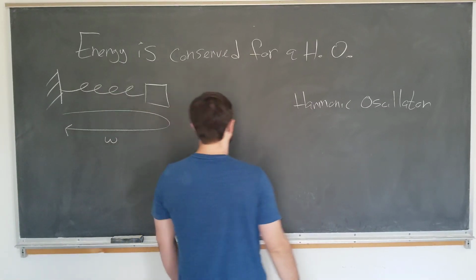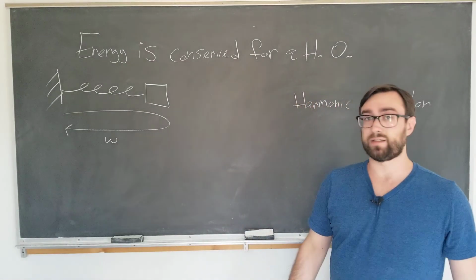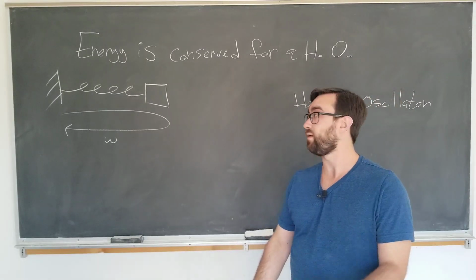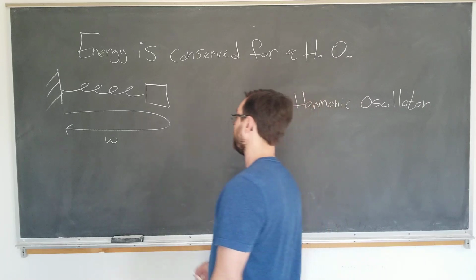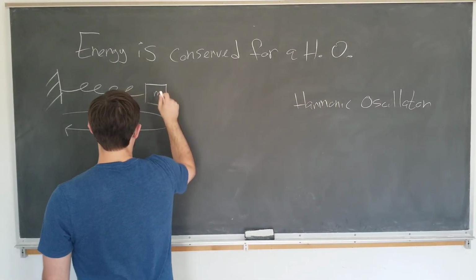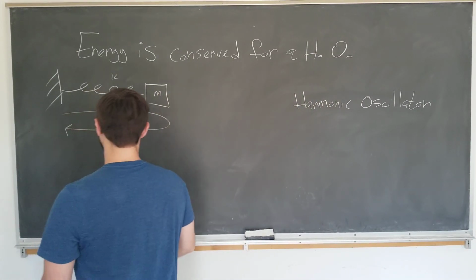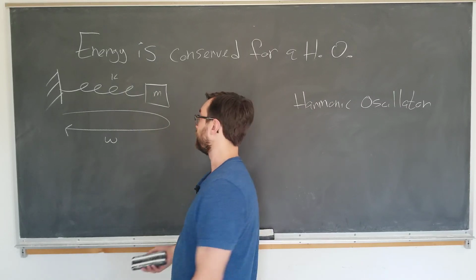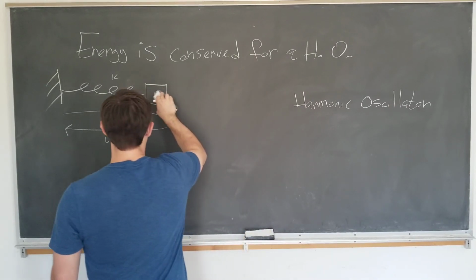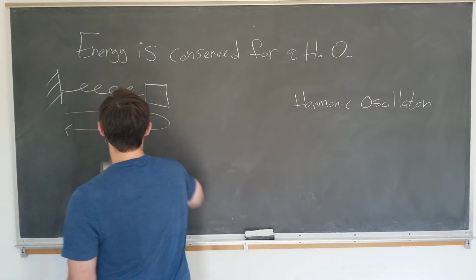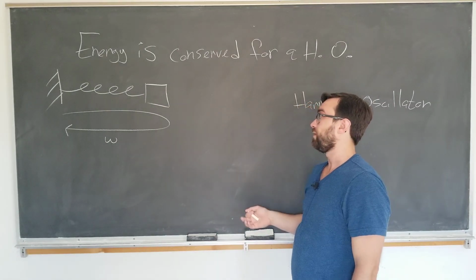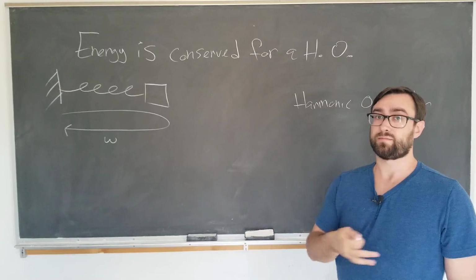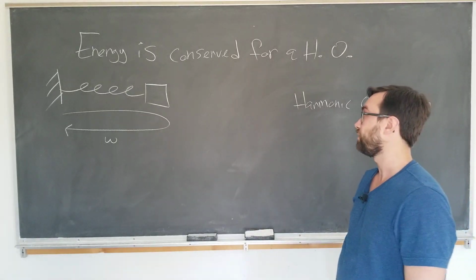And this characteristic time is going to be embodied in the constant omega, or the angular frequency, which if you wanted to, you could write in terms of the mass of the particle and the spring constant. But we're not going to be using that in this video. I just wanted to bring that up. Okay, so a harmonic oscillator is a mass on a spring, and it just goes back and forth forever, basically.